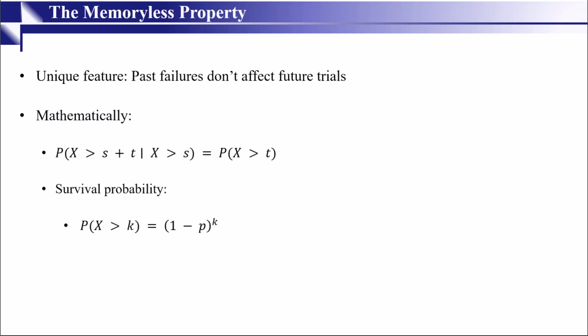The geometric distribution is considered as memoryless. It means the probability of success in future trials does not depend on past failures. And mathematically, we can write P(X > s + t | X > s) = P(X > t). It means it is memoryless.